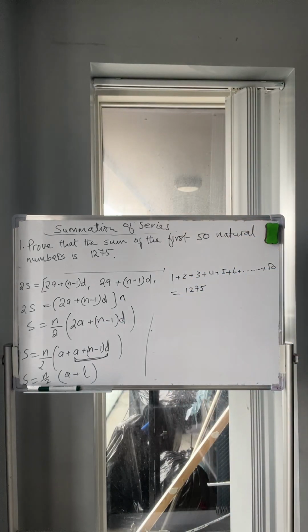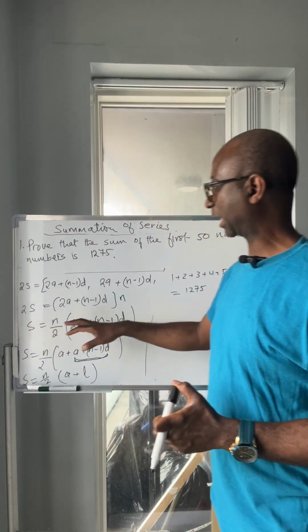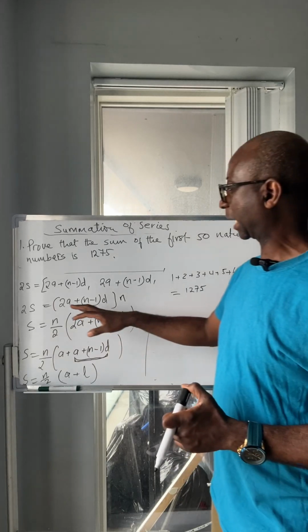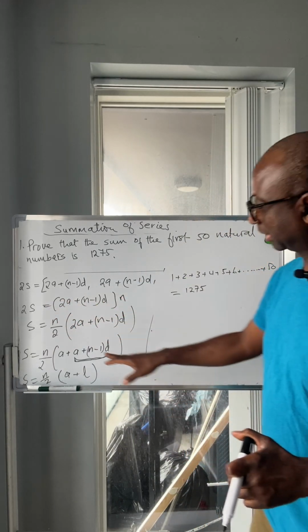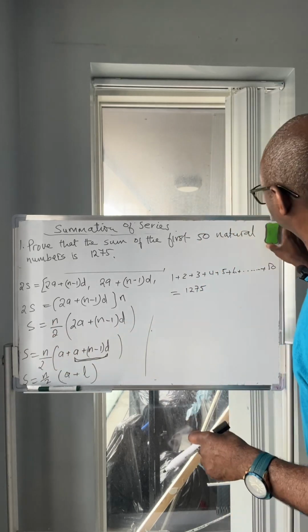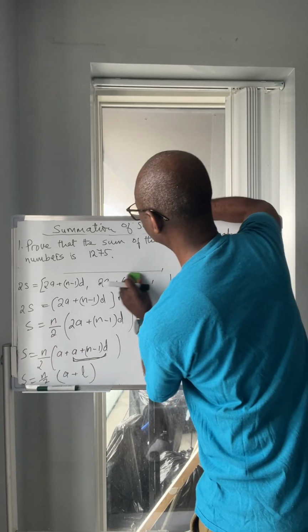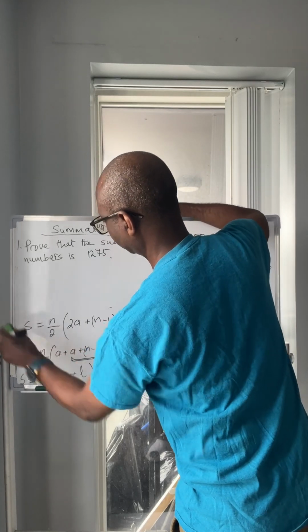We already know that the sum of the series of an arithmetic progression is given as n over 2 into 2a plus n minus 1 d. Let me erase this so that we don't get confused.